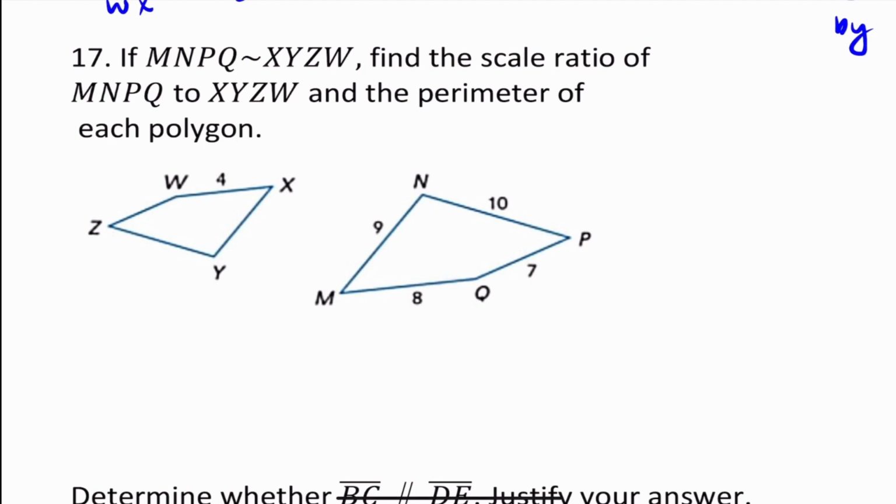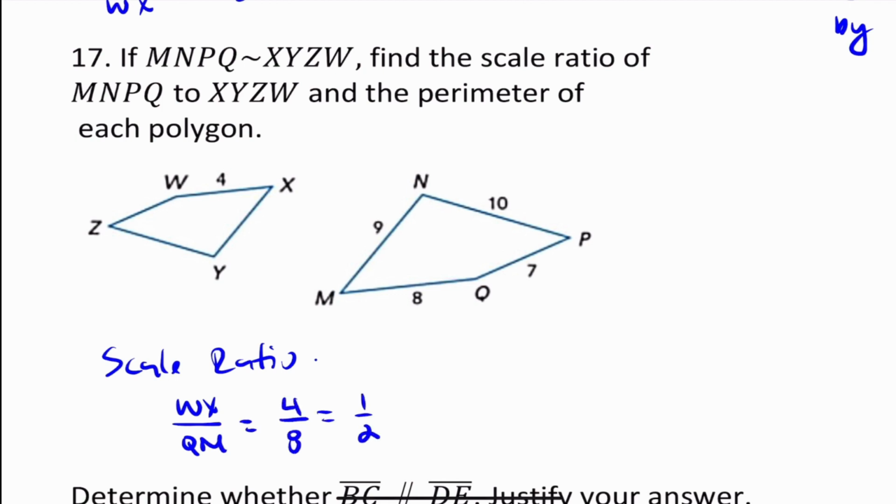So, first of all, I need to figure out my scale ratio. I'm going to go from small to big. WX has a number. It's 4. WX corresponds with QM. So WX to QM is equal to 4 over 8, which is 1/2. So that's your scale ratio.